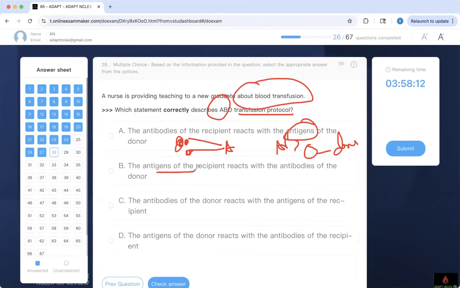It's the antibody of the recipient. So if you see anything else, don't pick it. Antibody of the donor? No, I say antibody of the recipient reacts with the antigen of the donor. Antigen of the donor? No, it's not going to react with the antibodies. It's the antibodies of the recipient reacting with the antigen of the donor.